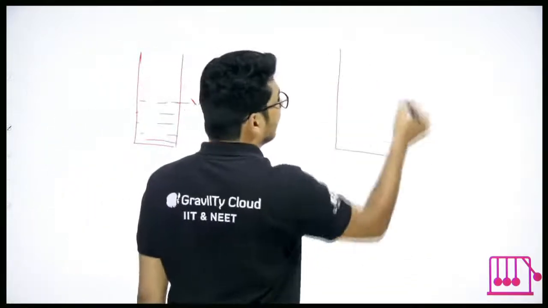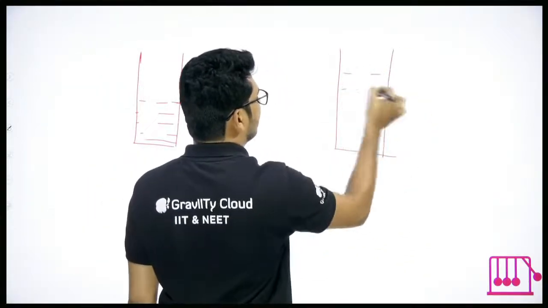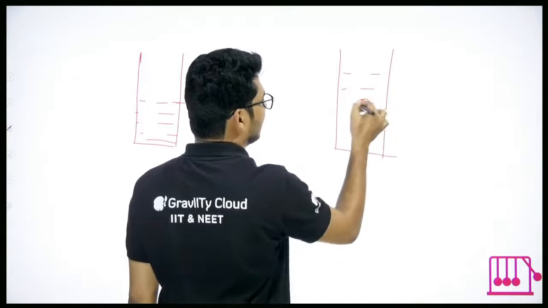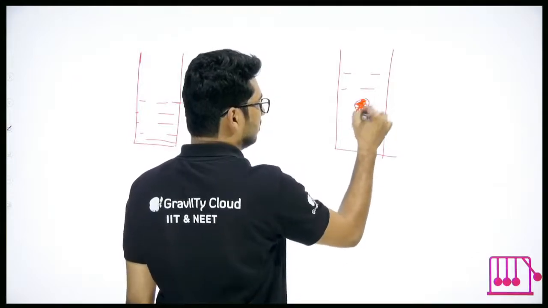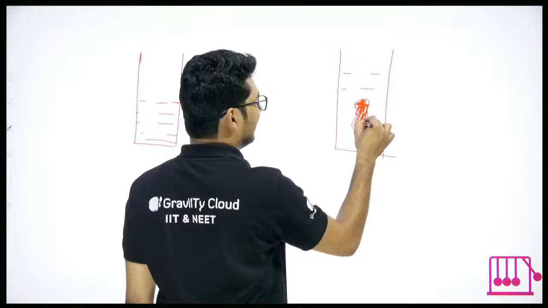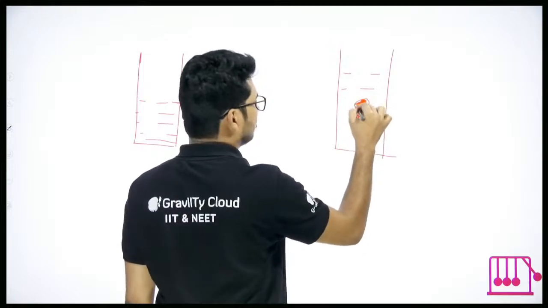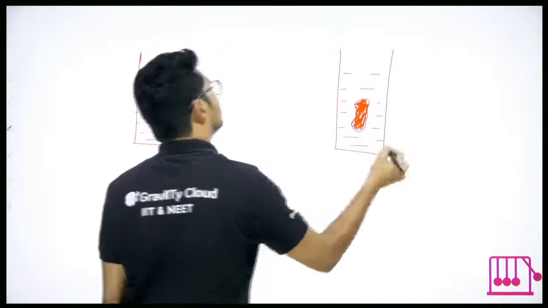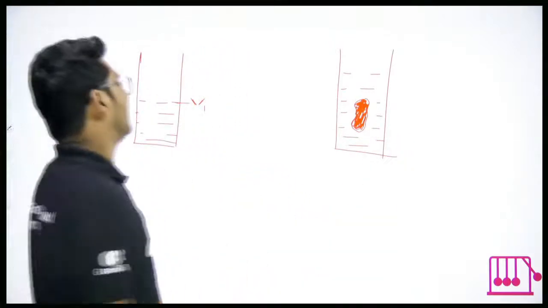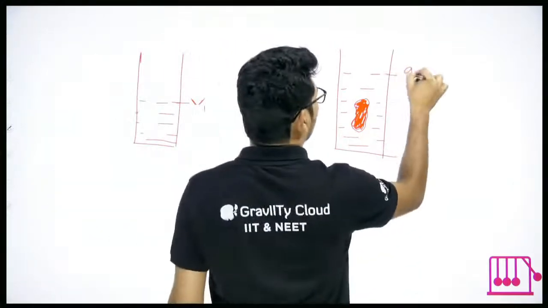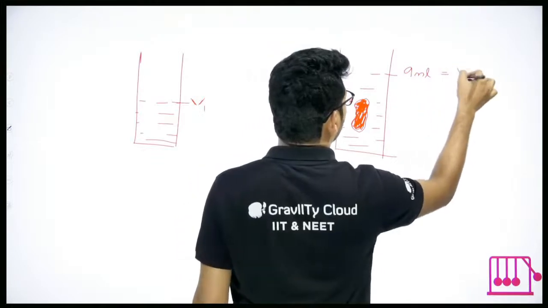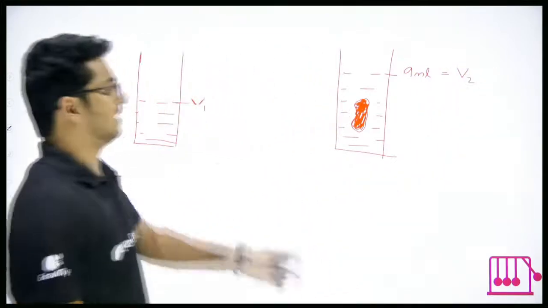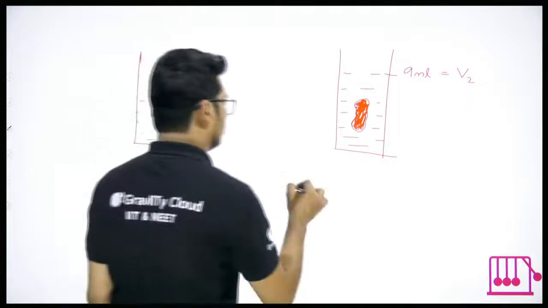In the second case, we take the same measuring cylinder, but inside the cylinder there is a stone of random shape. In this case, the volume is given as 9 ml, which is equal to V2.